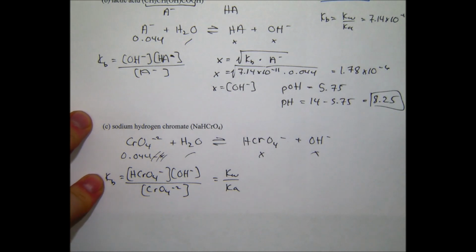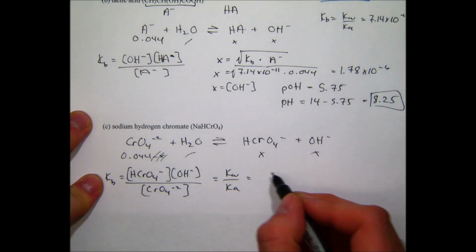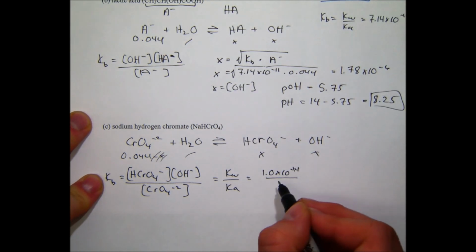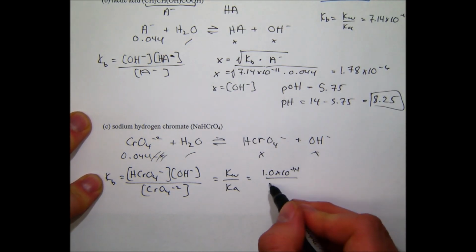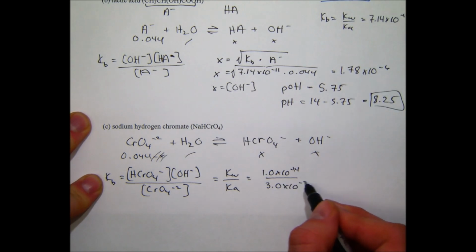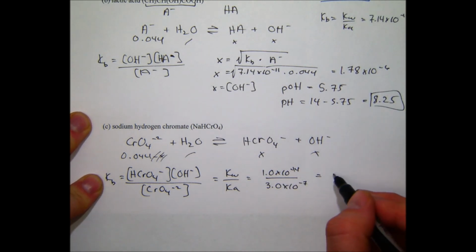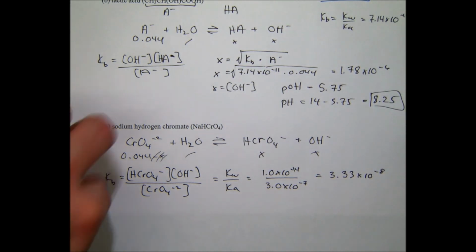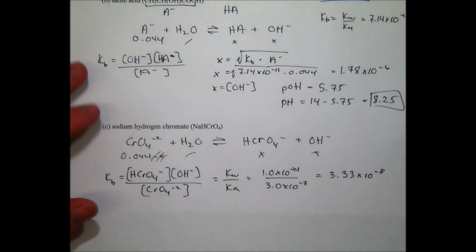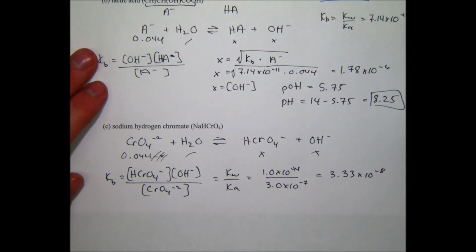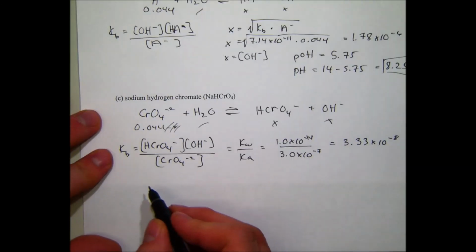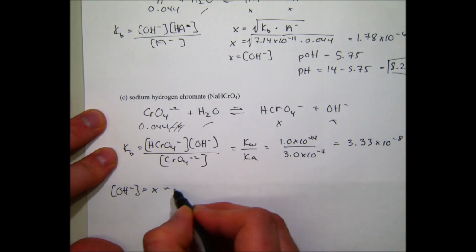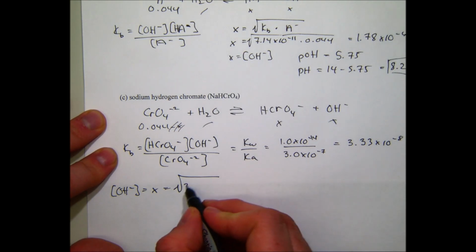If we look it up in the textbook under Appendix D, we get the Ka for chromic acid at 3.0 times 10 to the negative 7. So the Kb is then 3.33 times 10 to the negative 8. We're going to do exactly what we did up here. There is no difference. The concentration of OH negative is equal to X, which is equal to the root of Kb times the concentration.